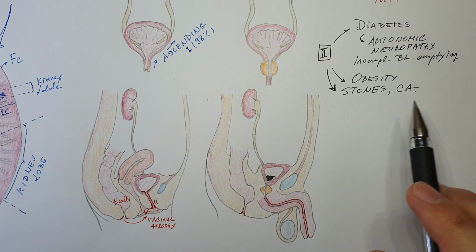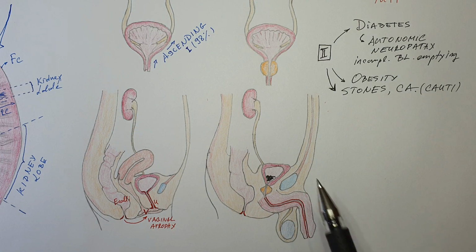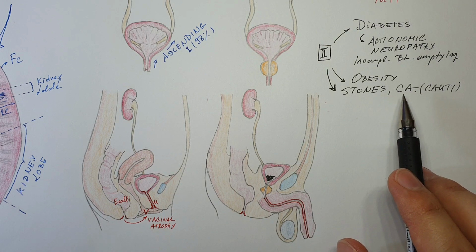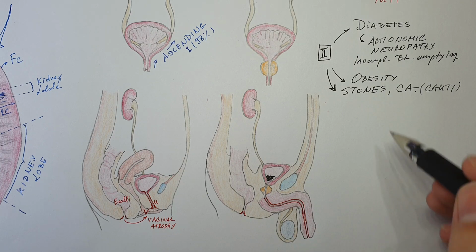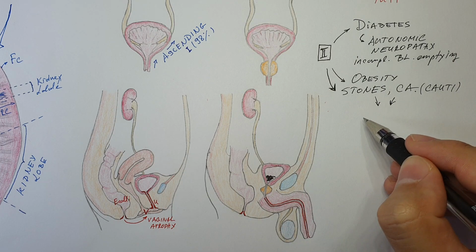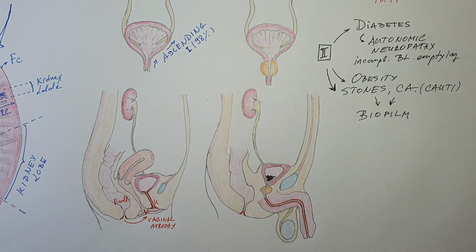Catheters. There is a disease called catheter-associated urinary tract infection. The catheter is also an inert surface for bacteria to colonize, and on these surfaces the bacteria can form something called a biofilm.